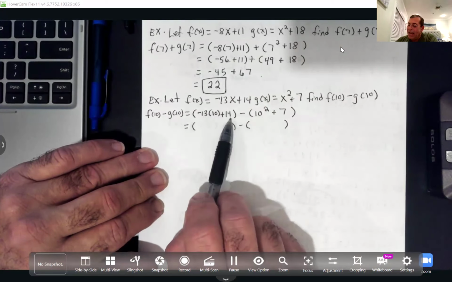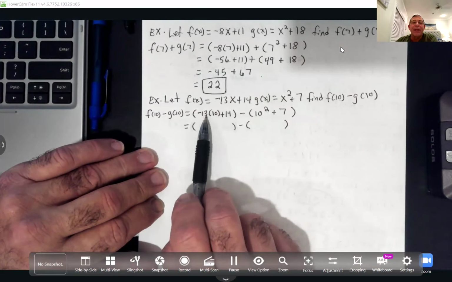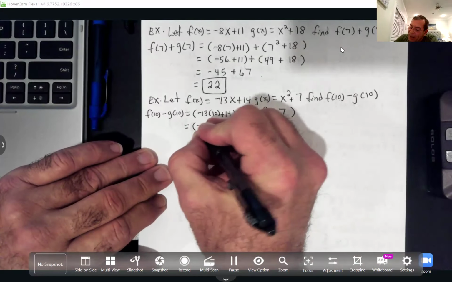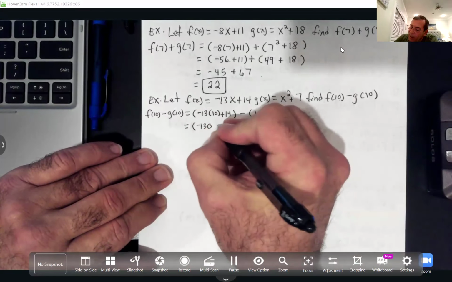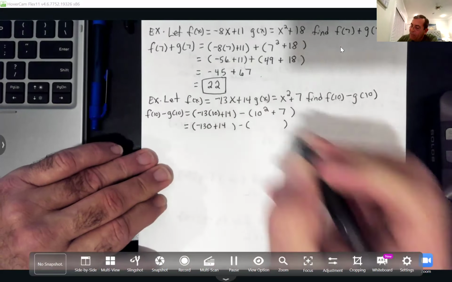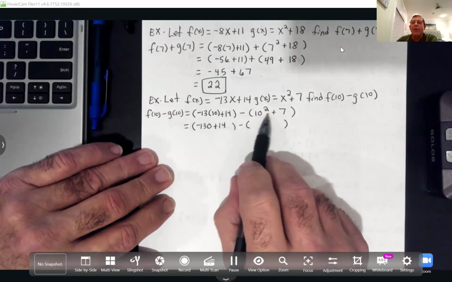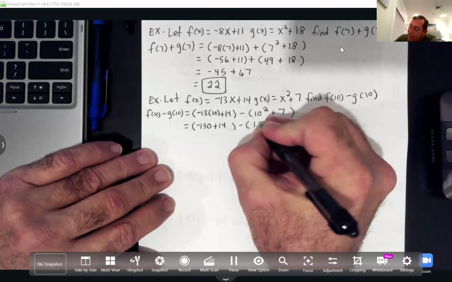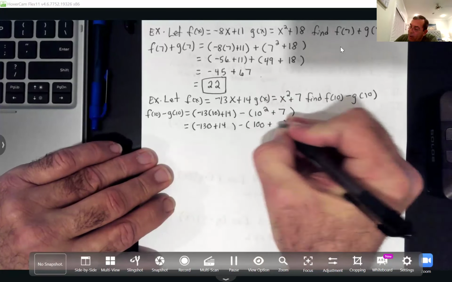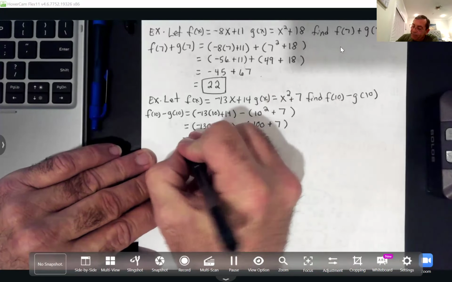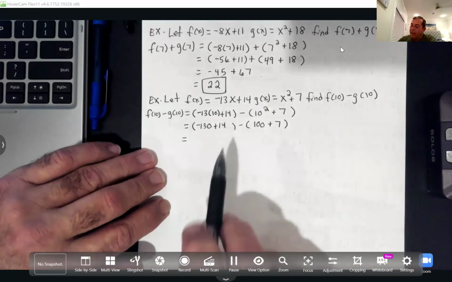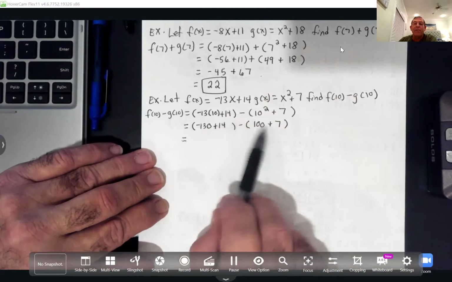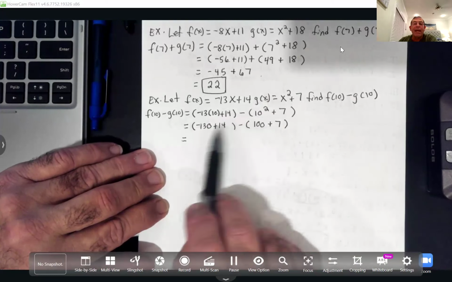So multiplying and adding, you got to multiply first. So -13 and 10 gives me a -130 plus my 14. Over here, I got to do the exponent before I add. So 10 times 10 gives me a 100 plus my 7. All right, so notice the only thing I can do in either of my parentheses is adding.